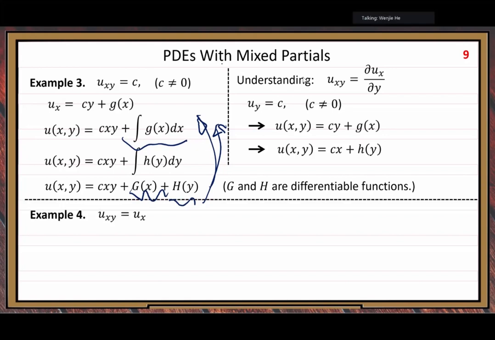Number 4, mixed. Here, part U sub X. This one. Let's solve it using the ODE way. Because if we treat U sub X as one function, is that an ODE?